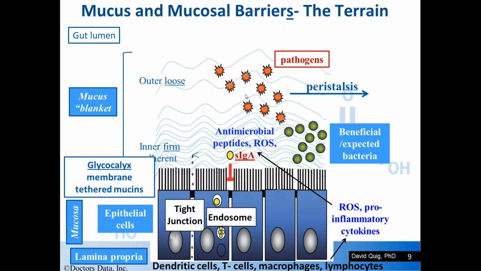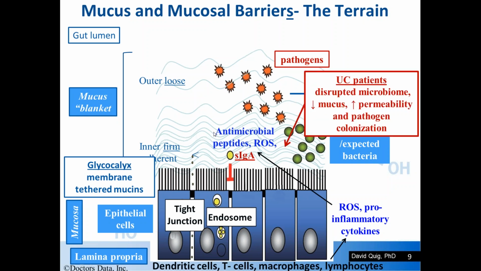Now, the importance of this mucus blanket is illustrated when we look at the literature in the case of ulcerative colitis patients, where they have a disrupted microbiome that results in decreased production of mucus, which results in increased permeability and pathogen colonization.